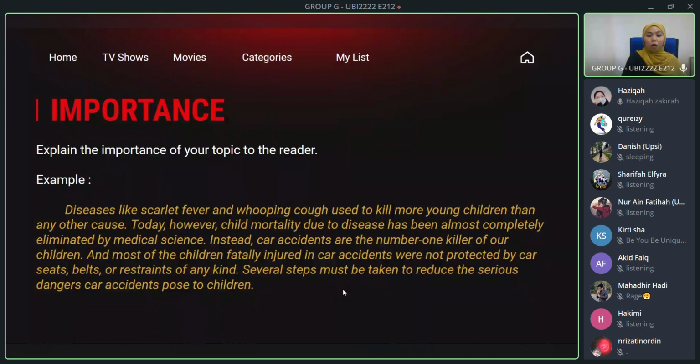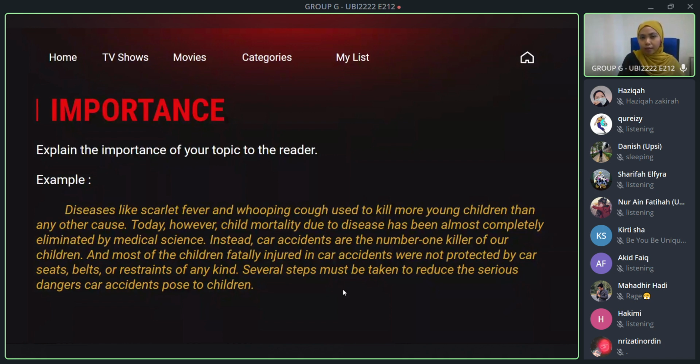Okay, very good. You know that is what you are going to be reading afterwards, meaning that the writer has successfully written a thesis statement for you. That is a thesis statement, which provides an overview of what the essay is going to be about. So based on that sentence, you know that you are going to be reading about the steps taken to reduce serious dangers car accidents pose to children.